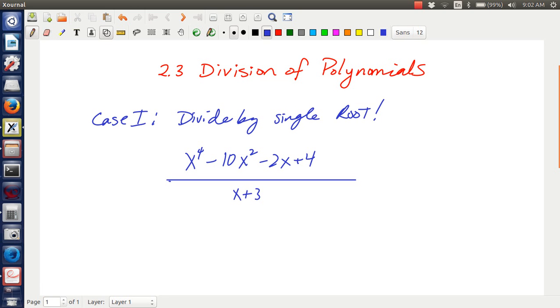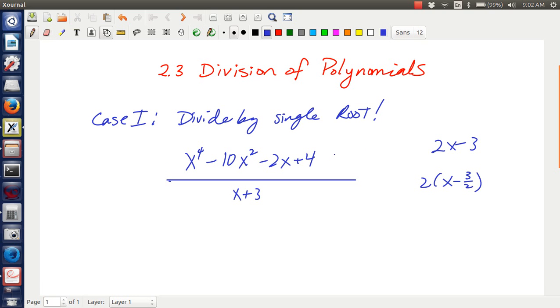This is a single root. Even if the denominator looks something like this, this is tricky because it is really the following in disguise. You need to factor out a 2, and then you'd have to put the 2 up here like that.